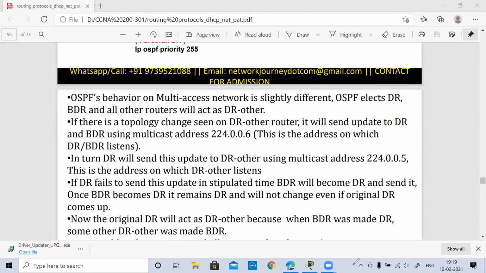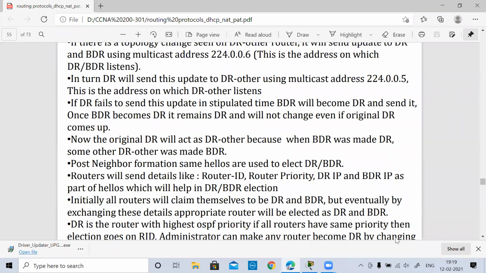And finally, once your neighborship is formed, post the neighbor formation, the same hellos are used to elect the DR and the BDR. The hello packets which you were sending initially, saying that you are my neighbors, had RID and DR information. So this information is going to elect your DR or BDR.